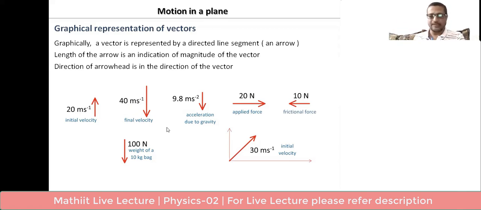Motion in a straight line, motion in a plane, laws of motion, work energy power, gravitation chapter, rotatory motion chapter. All these chapters extensively use vectors. Without vectors, you don't even know where the body is going. You don't even know where the force is being applied. So you must learn that this is a tool, not just a 4 marks answer or a 2 marks answer so that you get away with it. It should not be treated like that. Okay, so we go to the next one.